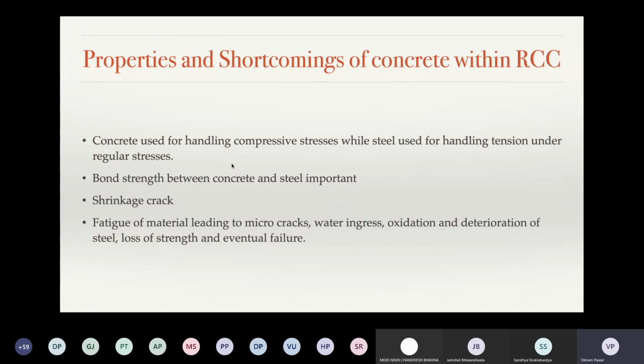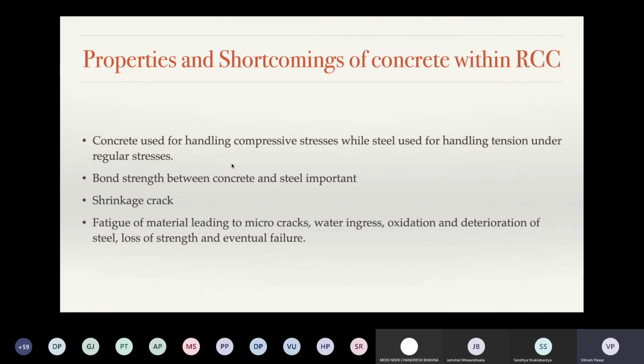Steel we associate largely with tension stresses, and concrete we associate with compressive stresses, right? It is also important that we have a very good bond strength between concrete and steel in reinforced concrete, because it depends on how the concrete and steel interact together to give the mechanical strength of the overall structure.